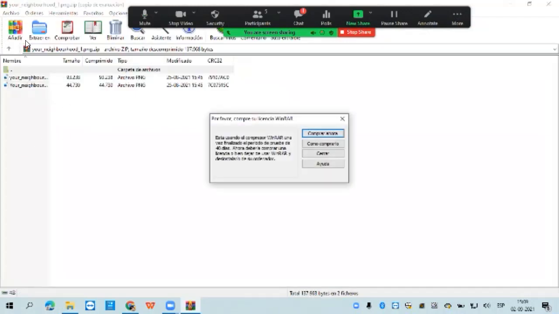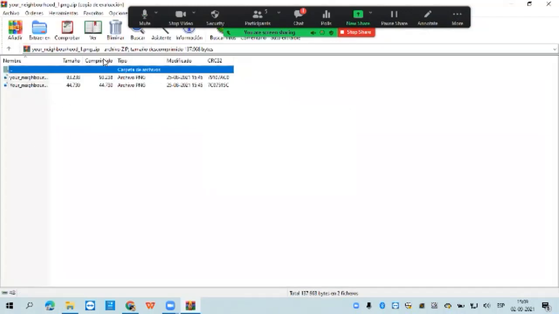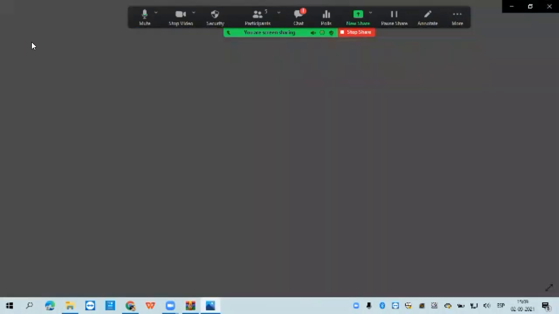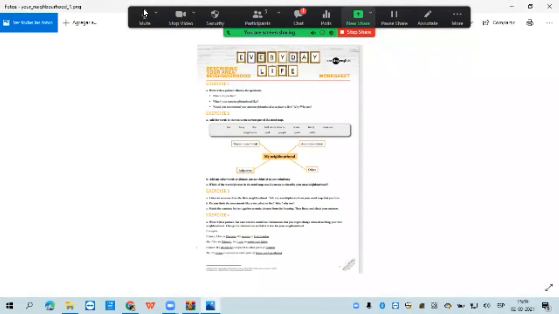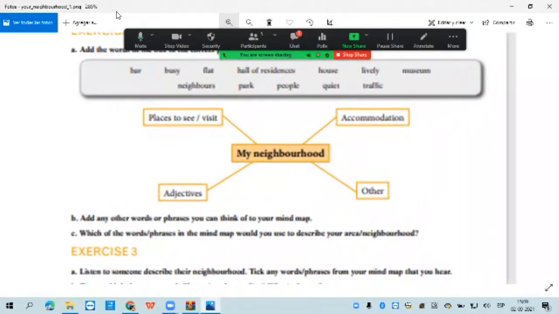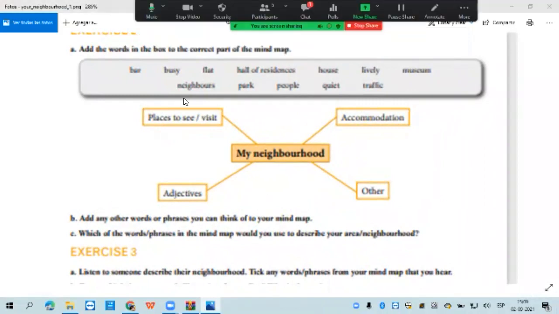Yes? You downloaded these pages. Remember we talked about different vocabulary related to neighborhood? Yes, okay. And the second page.